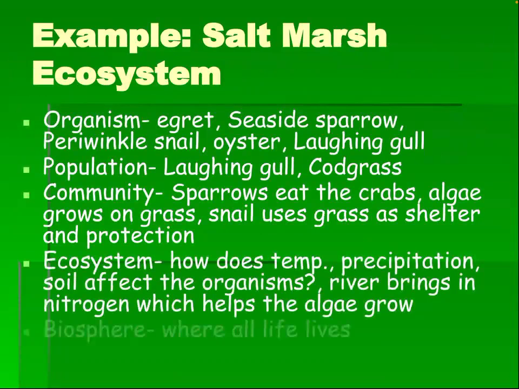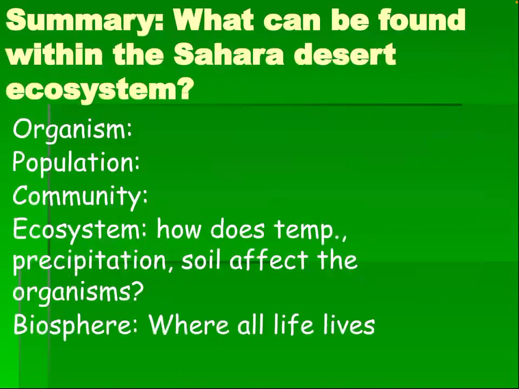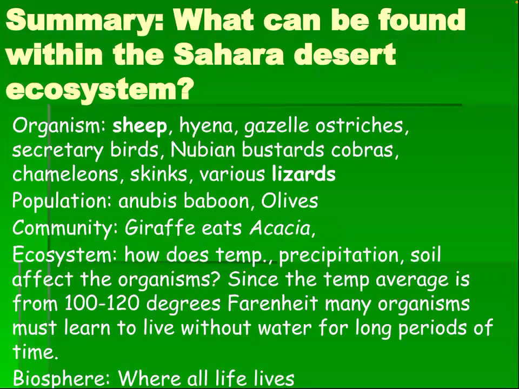Then I give students an example, the Sahara Desert, a type of ecosystem. Can we break this down? What are some of the organisms, and the population? We'll go through this, and I would eventually give them the ideas if we struggle to come up with some of the ideas. And this is using Google Slides.